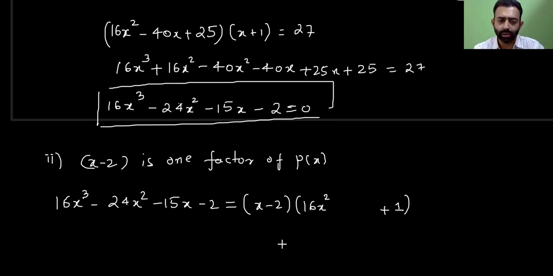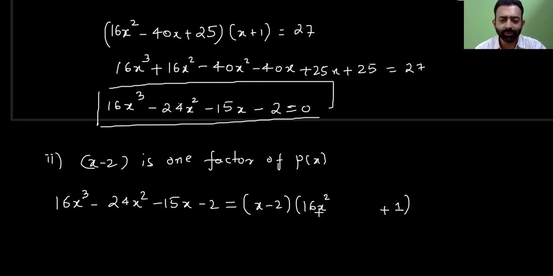Okay. Now count for total number of x square. How many do you need? Here you have 16 and minus 2, that is minus 32x square, right? Means if you multiply this minus 2 with 16, you will get minus 32 x square. If I am going too fast, just listen carefully: I need total x square as minus 24.